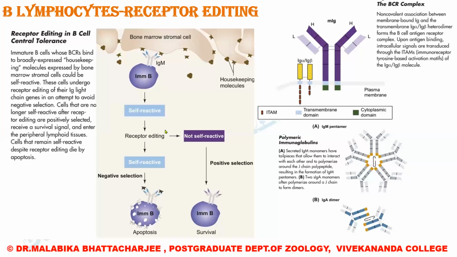In receptor editing, as I said, if immature B cells recognize self-antigens that are present at high concentration in the bone marrow, and especially if the antigen is displayed in multivalent form, that is on cell surfaces, many antigen receptors on each B cell are cross-linked.